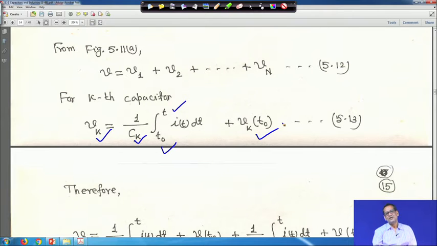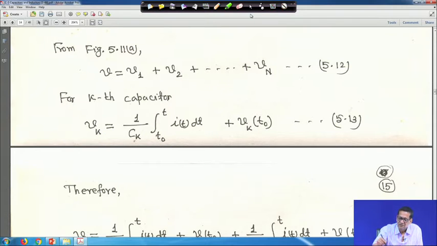That is why Vk(minus infinity) was 0, and only Vk(T0) is kept here. This is equation 13. So for V1, it is 1 upon C1, integral from T0 to T of i(t) dt, plus V1(T0). Similarly, V2 is 1 upon C2, integral from T0 to T of i(t) dt, plus V2(T0), like this, because all the capacitors are in series.